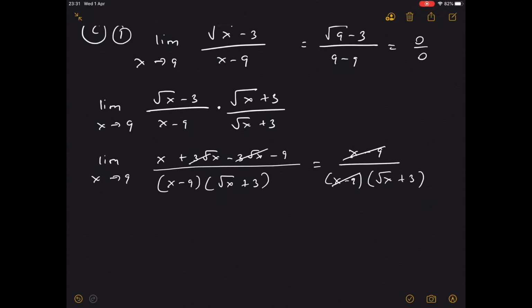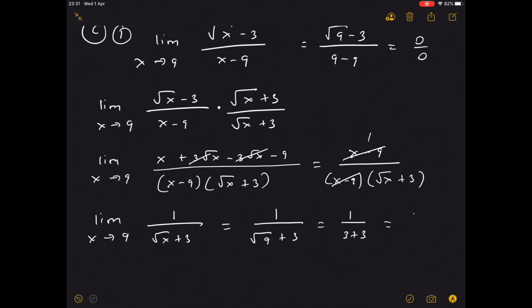What remains now is the limit when x approaches 9 of the function 1 over root x plus 3. So substituting, you will have 1 over root 9 plus 3, so 1 over 3 plus 3, which is 1 over 6. So our limit for this question is 1 over 6.